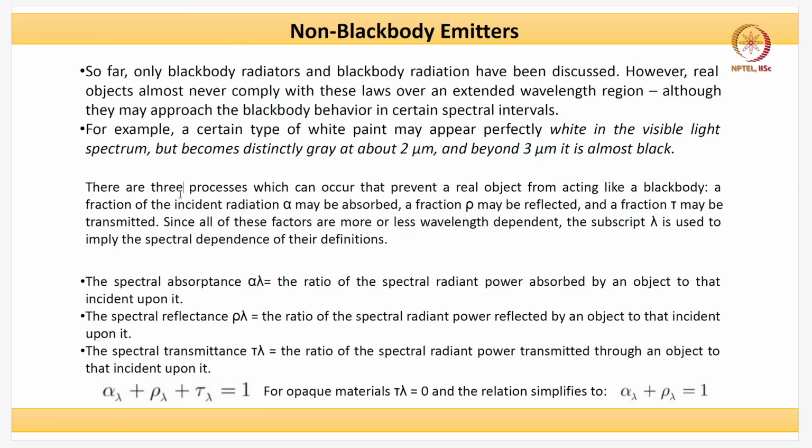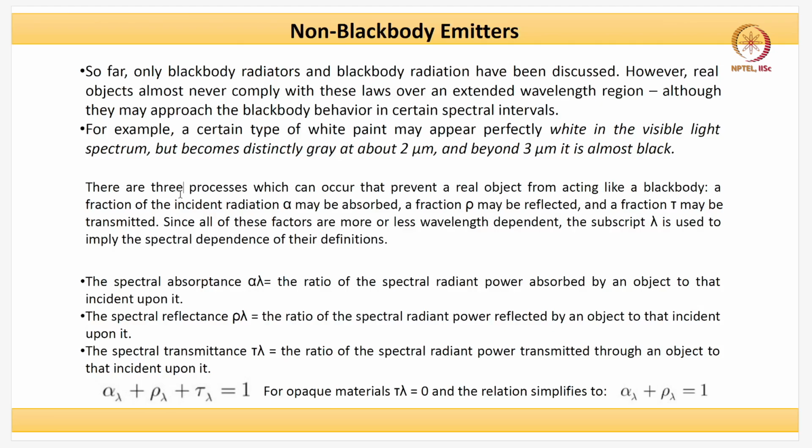There are three processes that prevent a real object from acting like a black body. A fraction alpha may be absorbed by the body, a fraction rho may be reflected, and a fraction tau may be transmitted.